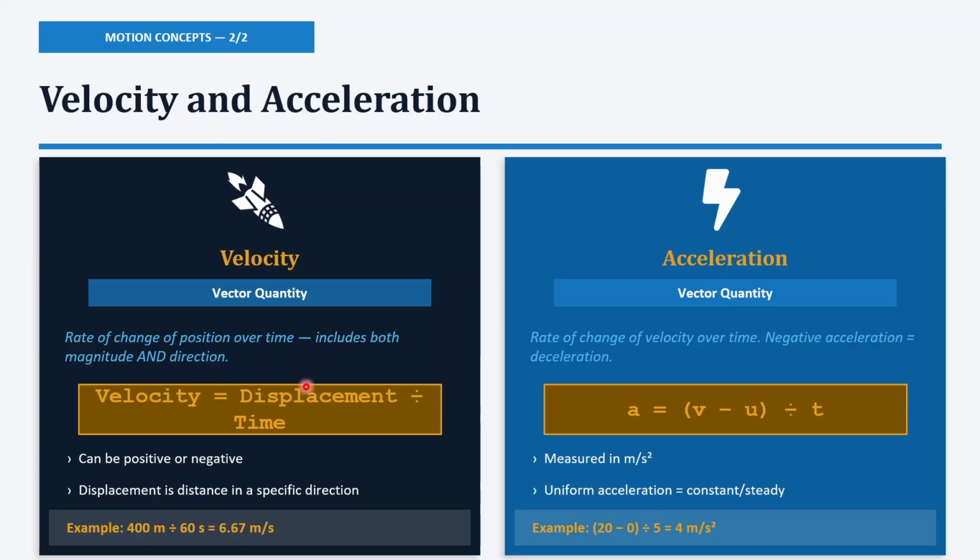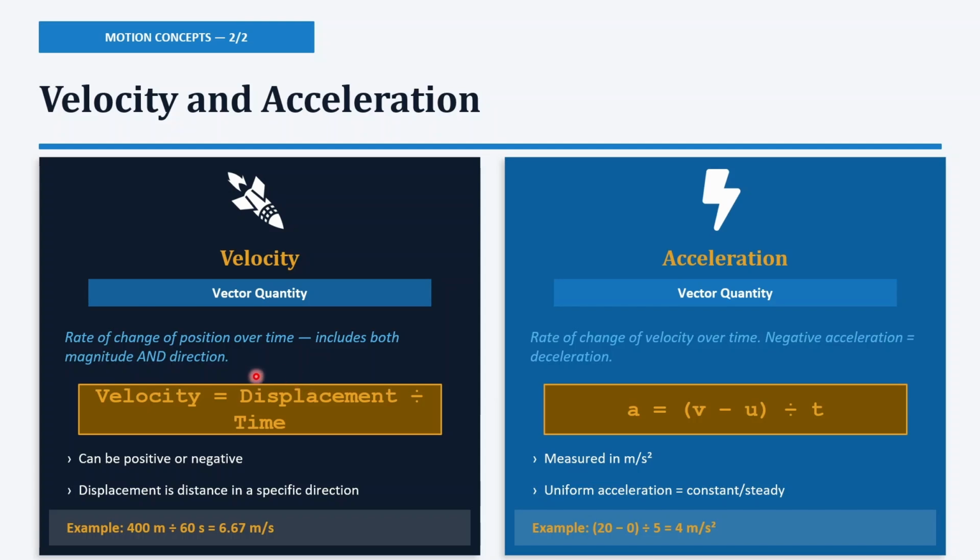So, for example, when you move from your house to the school, the distance is 2 kilometers. Okay, but what is the displacement? The displacement is 2 kilometers to the east. The fact that I added the direction, the east, to it now changes the name to displacement.